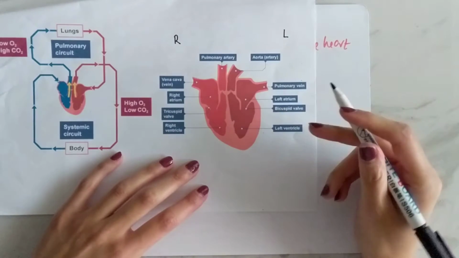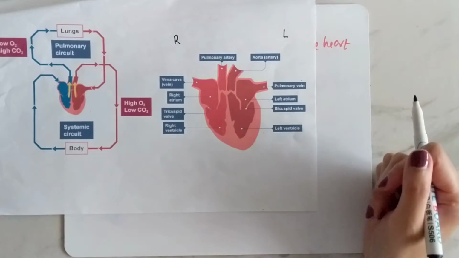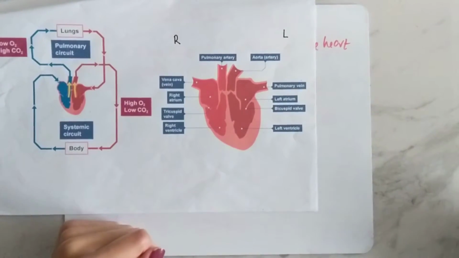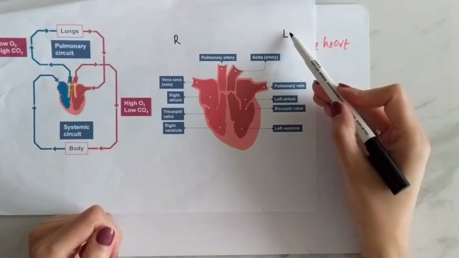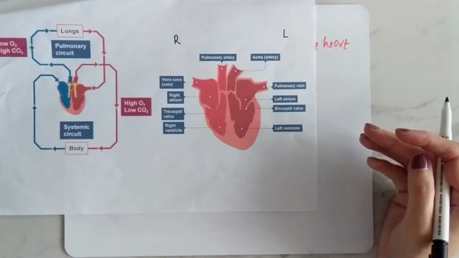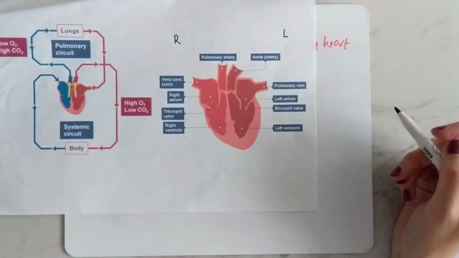And the reason for that is if I was to pick up this diagram and put it next to my chest, it would be flipped round and the right side would actually be on my right hand side and the left side would actually be on my left hand side. But because it's facing down like this, the sides have to be written like that. Just something to bear in mind.